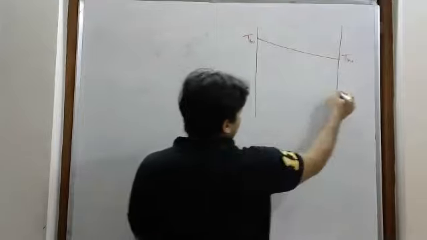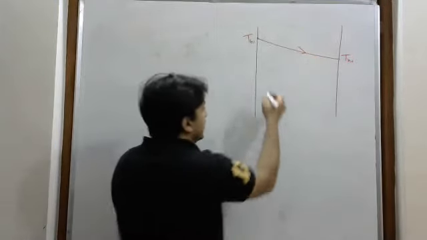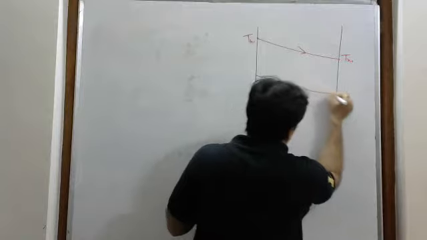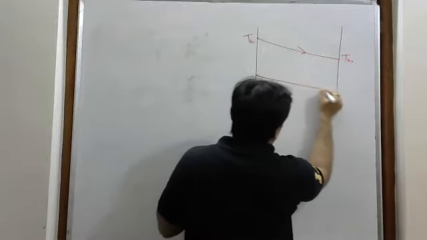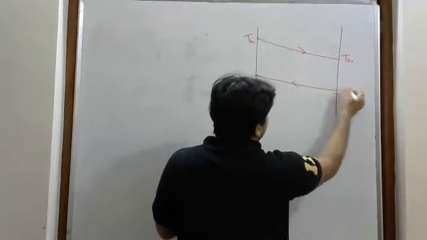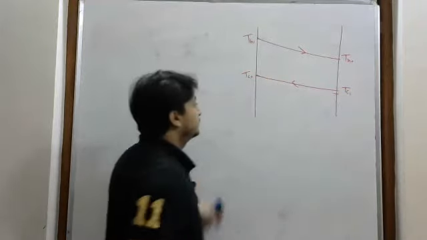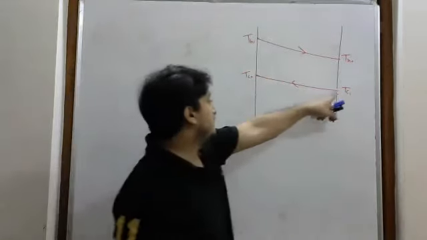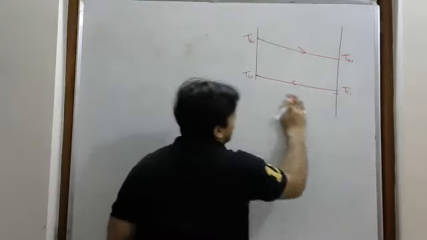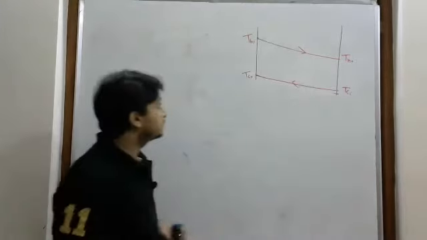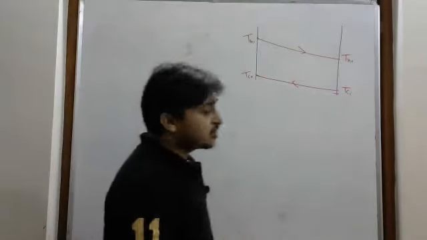This is the direction of the hot fluid, so the cold fluid will be in the opposite direction. This is the cold fluid inlet, this is the cold fluid outlet. Definitely the temperature of this one will be less as compared to this one. This is the temperature axis. Now you have got this, and in this also the same formula will apply.